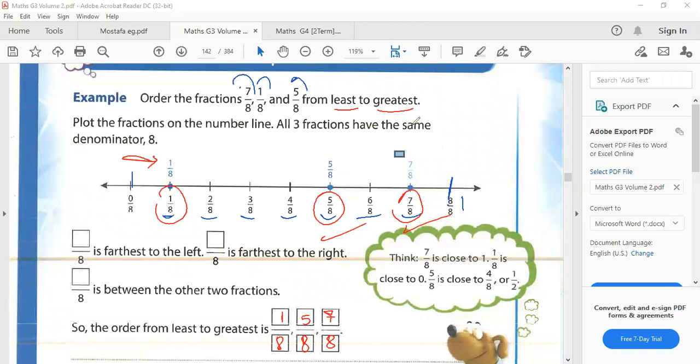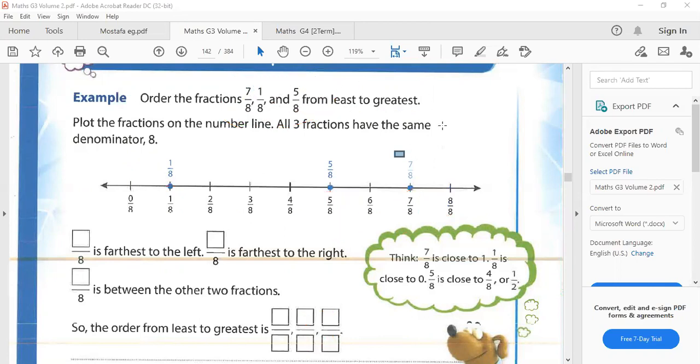Okay, so we can use the number line, or we can do it by ourselves without using the number line. We know the least fraction out of the three fractions given is 1 over 8. Then 5 over 8, then 7 over 8.